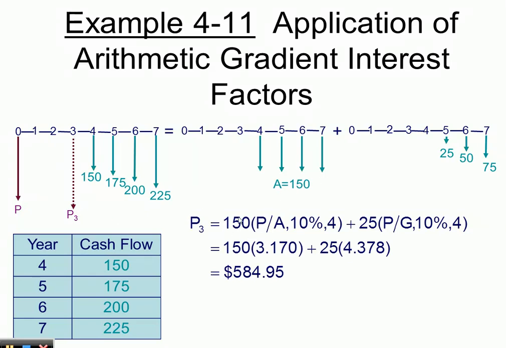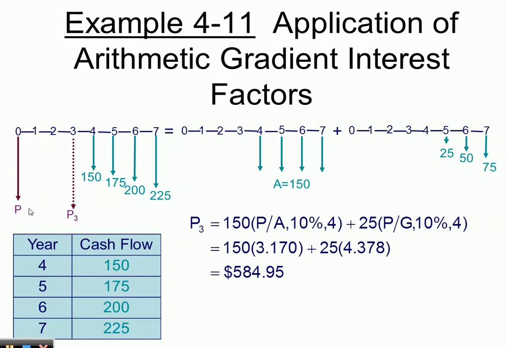This is our A uniform series amount, so we have P given A, 10%, 4 years, and then 25, P given G because that's the gradient amount, 10%, 4 years. Summing it up, we get P3. So now we've converted all of these to this single payment P3.